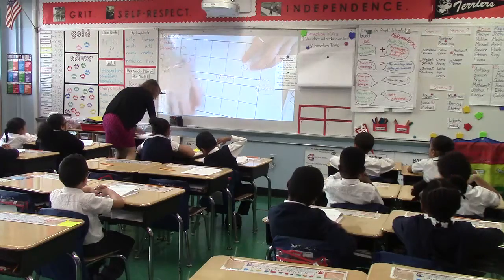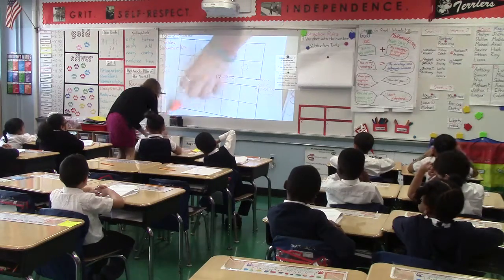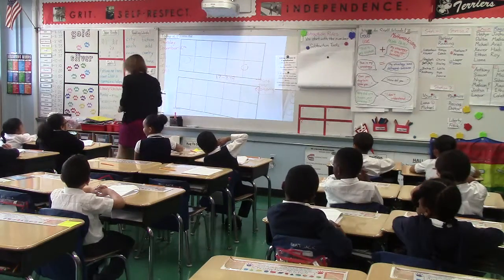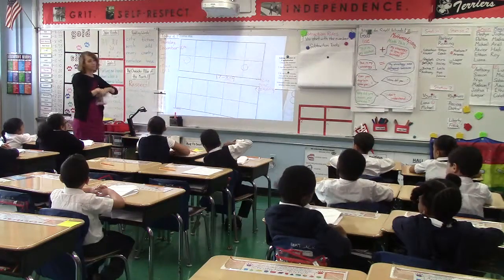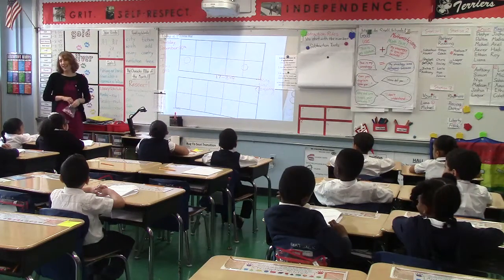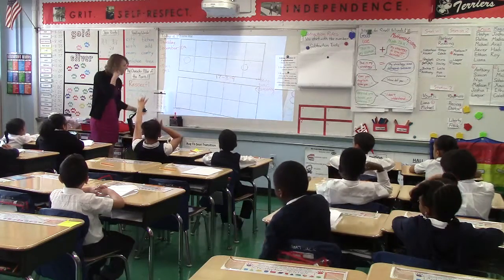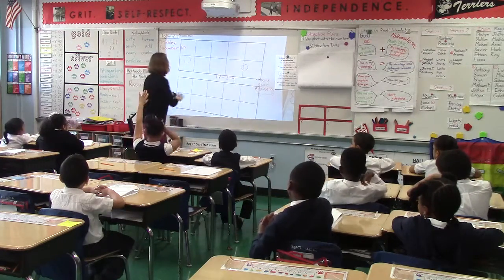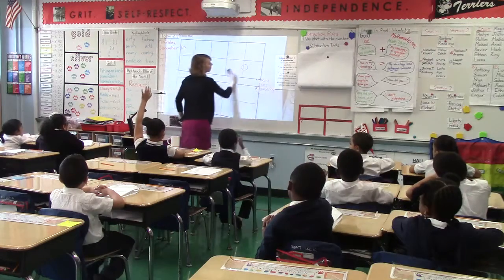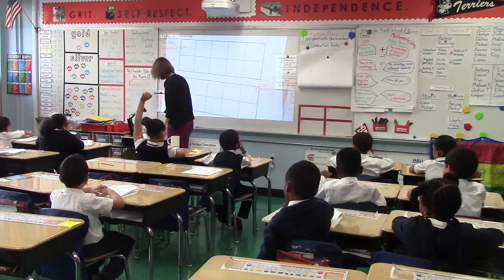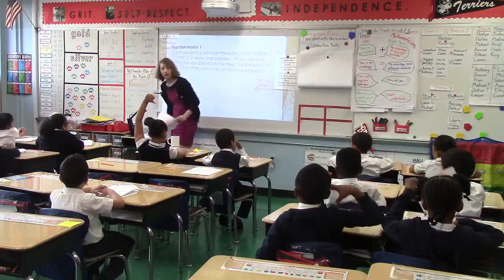Now it's your turn to help me with one of these. Before we start, I want you to think about why I stopped at 10. Why did I stop first at 10? When I say go, you're going to turn and tell your partner in a whisper, I think she stopped at 10 because.